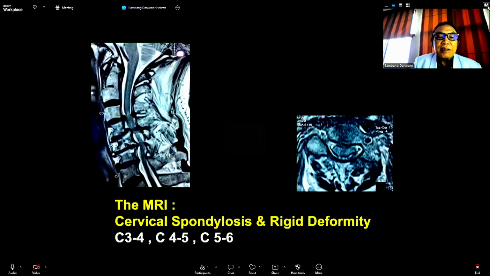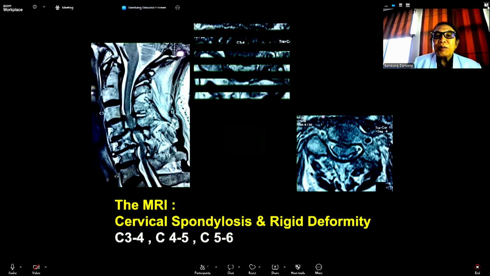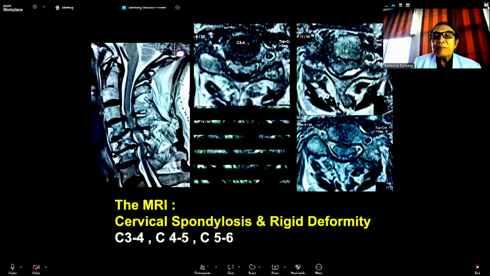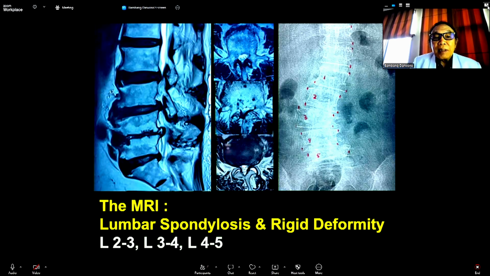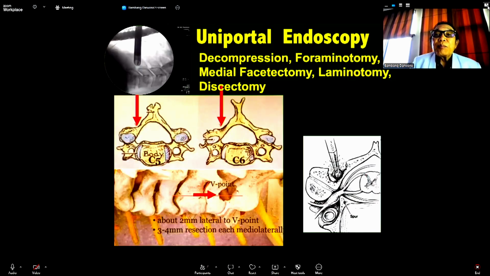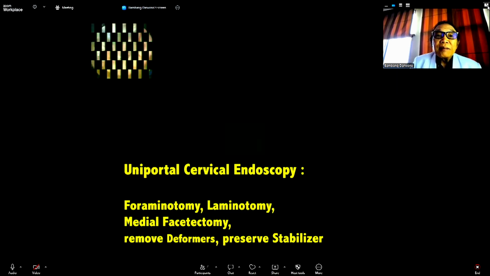Here we can see the MRI, cervical spondylosis at 3-4, 4-5, 5-6, very severe. And also the lumbar, like this, 3-4, 2-3, 4-5, with deformity. Then we perform uniportal endoscopy decompression, foraminotomy, medial facetectomy, laminotomy, and discectomy, also cervical.